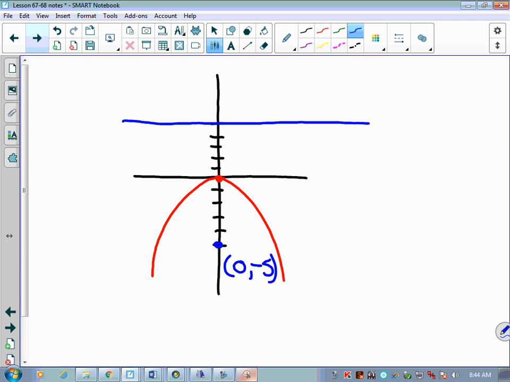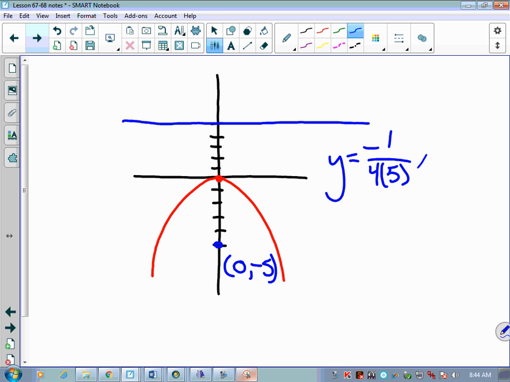All right, so the handy thing about this, it's opening downward, so we are getting y equals -1 over 4p. What is the distance from our vertex to our focus? It's got a distance of 5, so we'll just use 5, right?